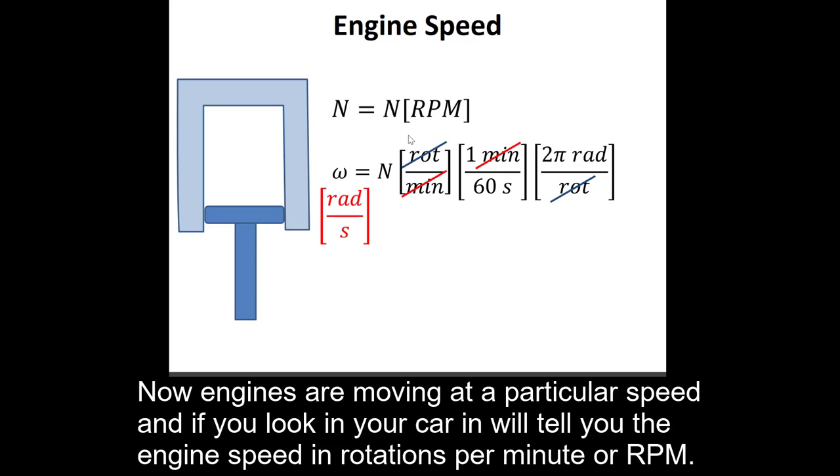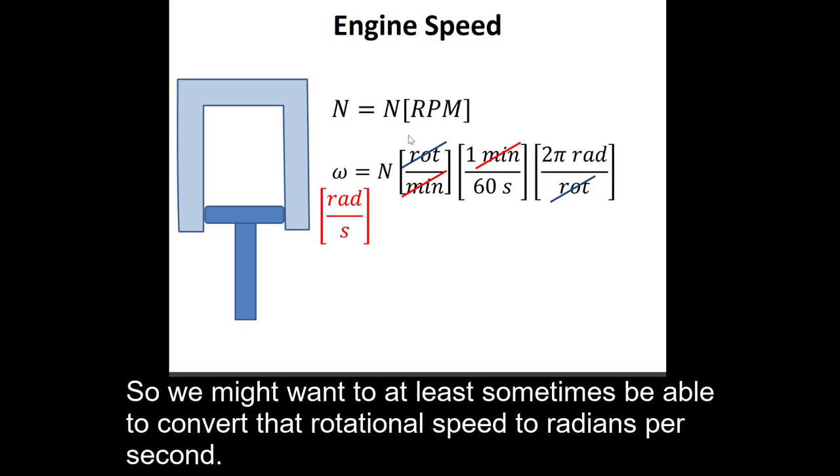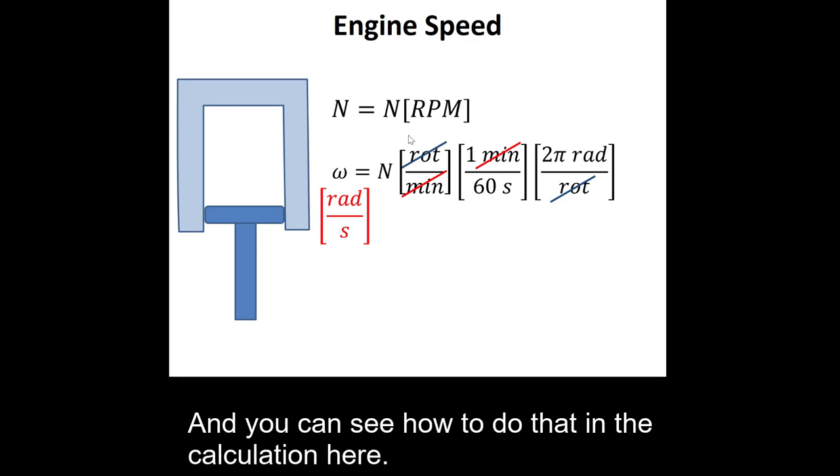Now, engines are moving at a particular speed, and if you look in your car, it will tell you the engine speed in rotations per minute, or RPM. So we might want to at least sometimes be able to convert that rotational speed to radians per second, and you can see how to do that in the calculation here.